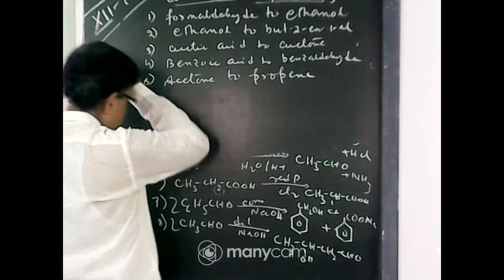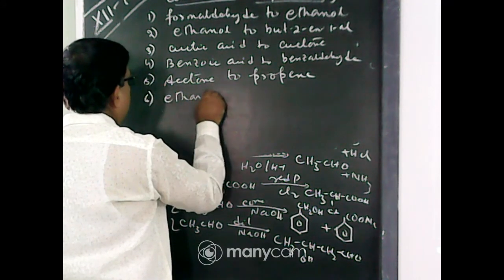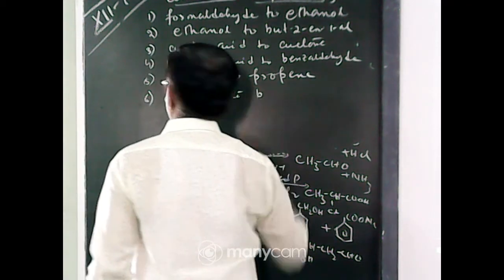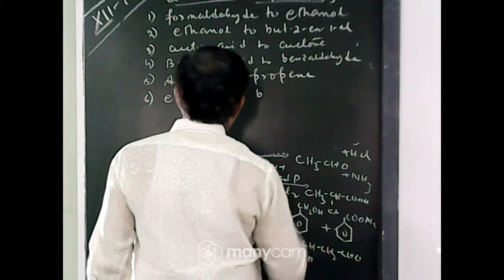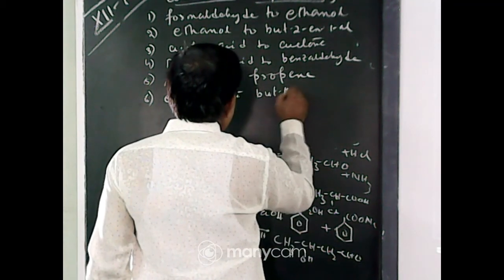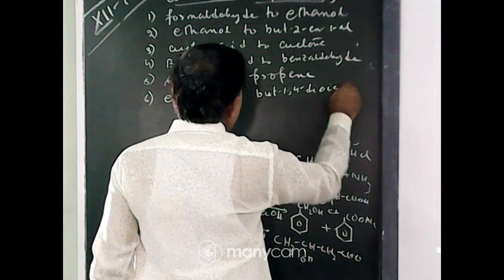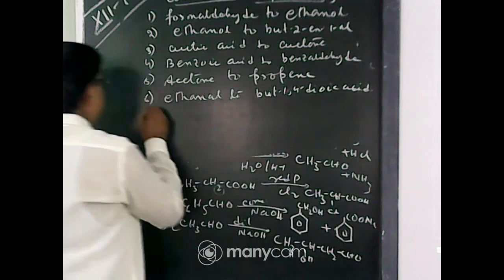Number 6, ethanol to but-1,4-dioic acid.